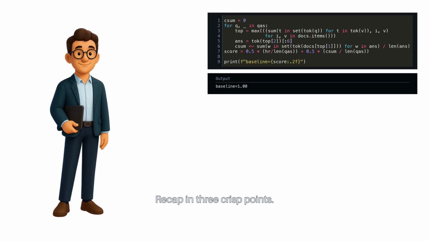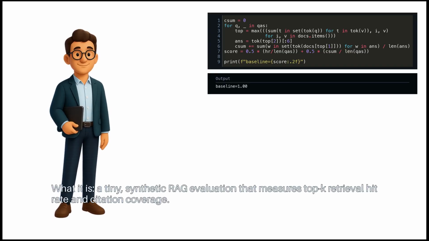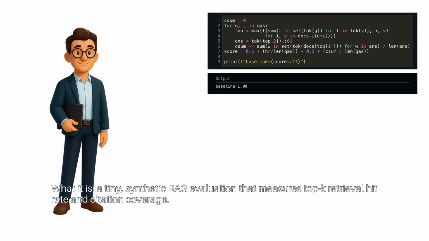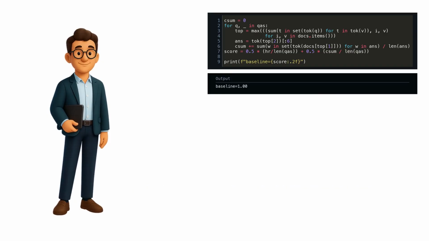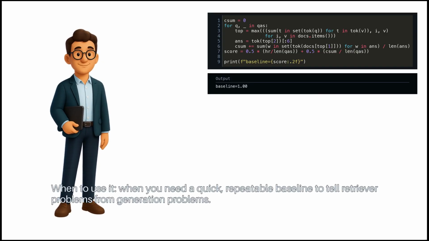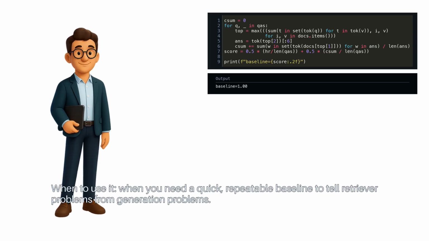Recap in 3 crisp points. What it is: a tiny, synthetic RAG evaluation that measures top K retrieval hit rate and citation coverage. When to use it: when you need a quick, repeatable baseline to tell retriever problems from generation problems.